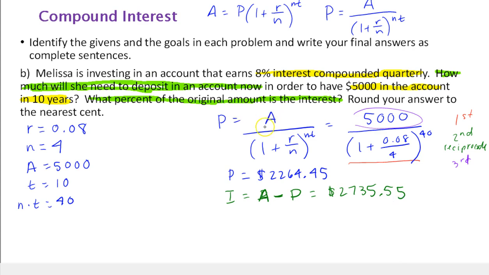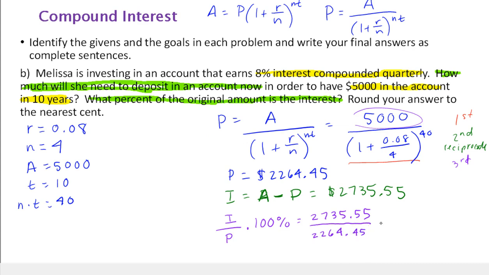Now to find the percent of the original, we are going to find the interest divided by the principal times 100%. So that will be $2,735.55. Okay. And I'm noticing here, notice the interest is actually more than the principal. So our answer is going to be, our interest is more than 100% of the principal.